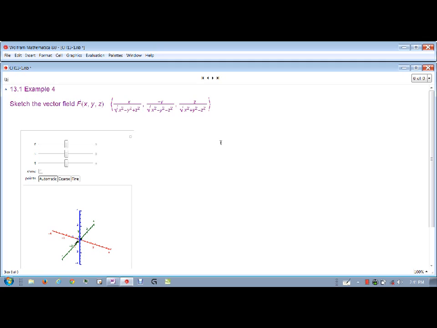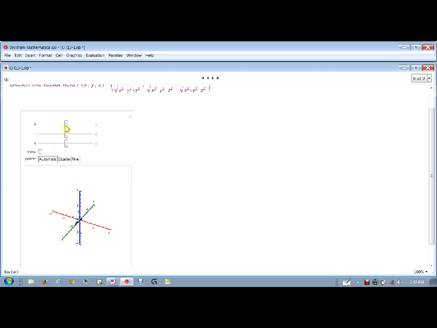What would you divide through these by? You do the magnitude of this, which would be what? The square root of this square plus this square plus this square, which is that, right? So this vector function is always going to spit out unit vectors, isn't it? Unit length. And they will always be pointed in the negative x, negative y, negative z direction, which turns out looking like this.